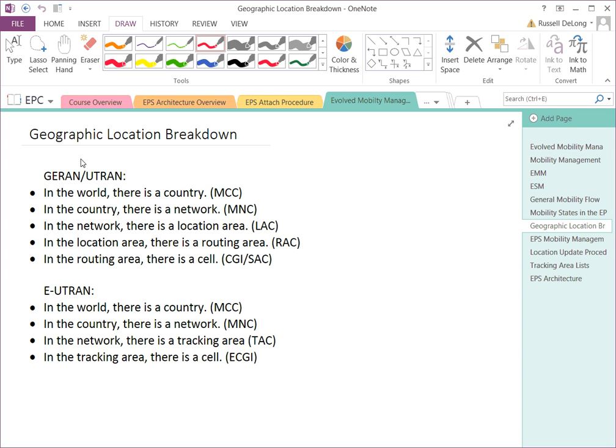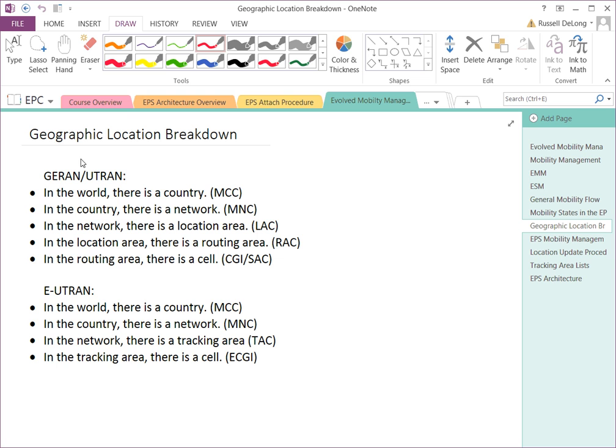Keep in mind, as I mentioned in the previous videos, the evolved packet core was not just intended to serve the evolved radio network, the E-UTRAN. The evolved packet core was meant to be access agnostic, or at least as access agnostic as realistically possible. And you can have traditional GPRS core networks or traditional UMTS networks reaching out to an evolved packet core.